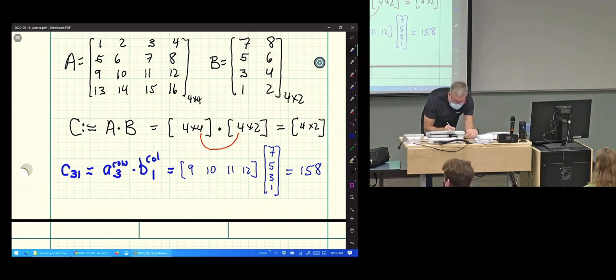You pick out the row, and let's suppose we wanted to do C22.